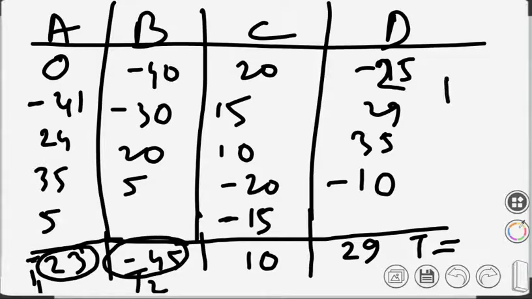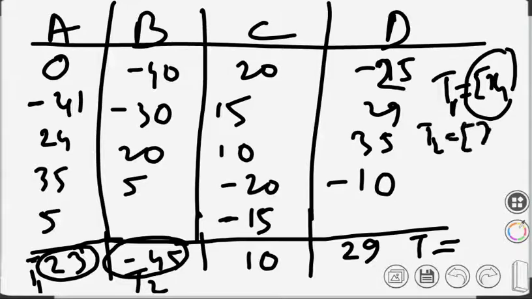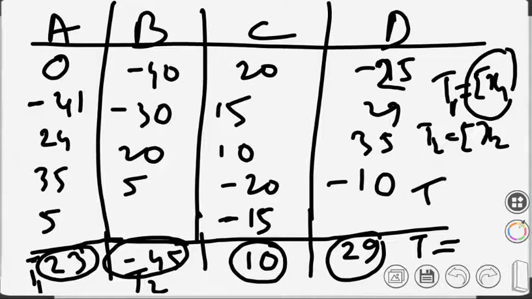T1 is the summation of x1, T2 is the summation of x2, this is T3 and this is T4. So T equals T1 plus T2 plus T3 plus T4. How much is that? 17, sir. I have written 17.